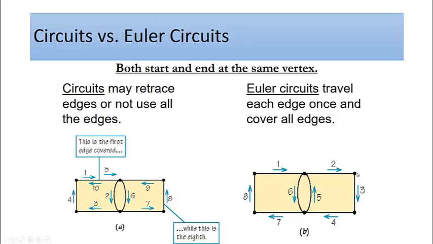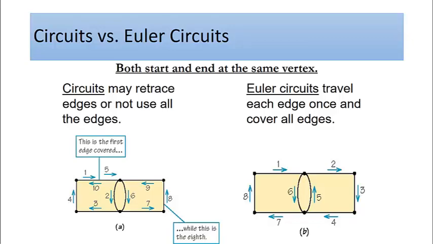We go all the way across, down, back to the middle, around that center loop, back to the left and up. So both of these examples were circuits. They both started and stopped at the same vertex, but only the second one was an Euler circuit because it covered each edge of the graph exactly once.